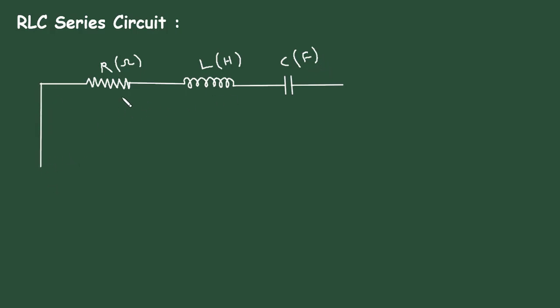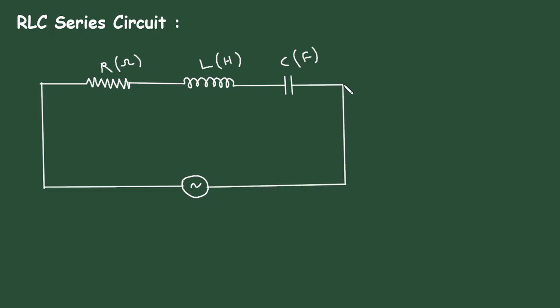Now this is called a series circuit. Now let's give it AC supply. So this is AC supply with voltage small v equal to Vm sin omega t.